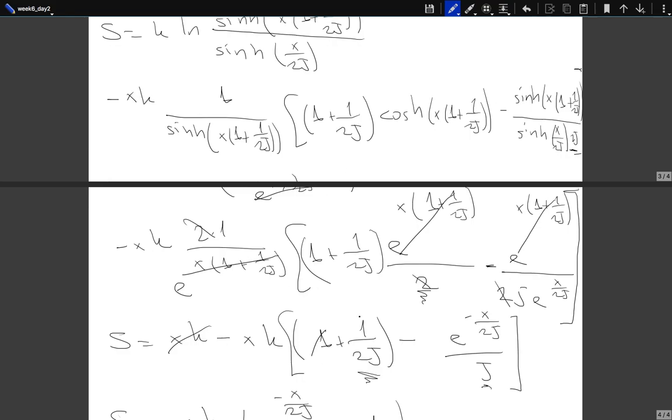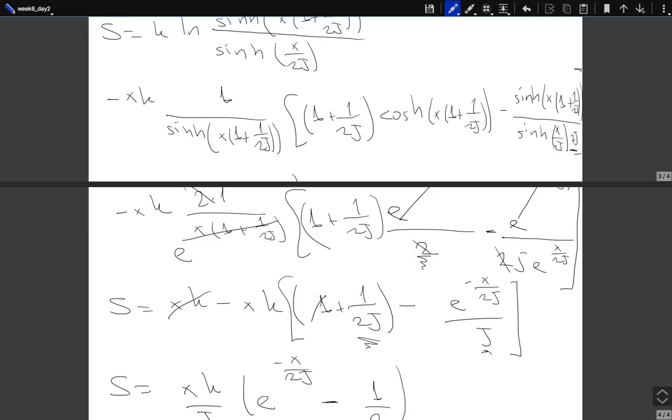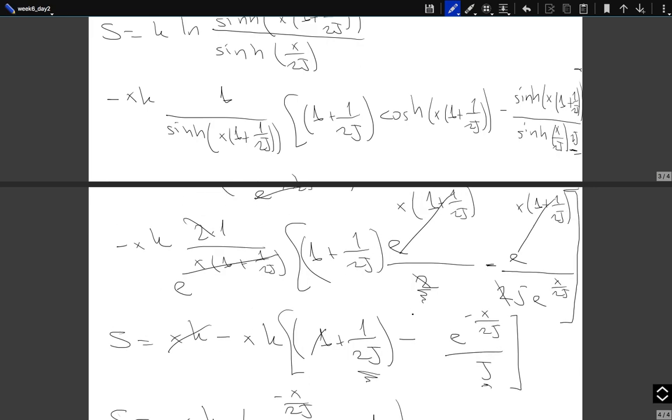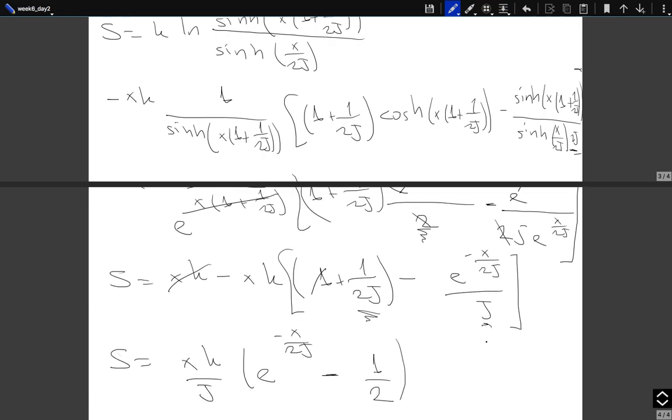So what remains is 1 over 2j minus e to the power minus x over 2j from this one times 2j. So these exponents are cancelled. The 2 cancels these 2 over here. So we have xk minus xk, this 1 plus 2j from this one, minus, this 2 is cancelled, minus j.